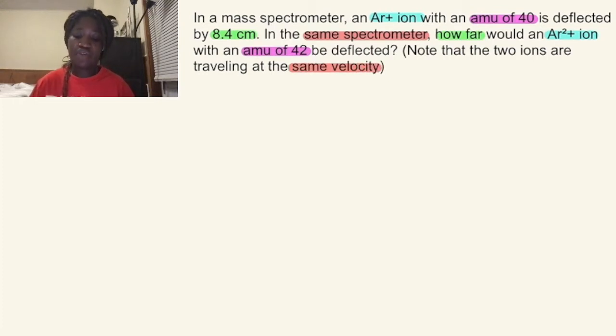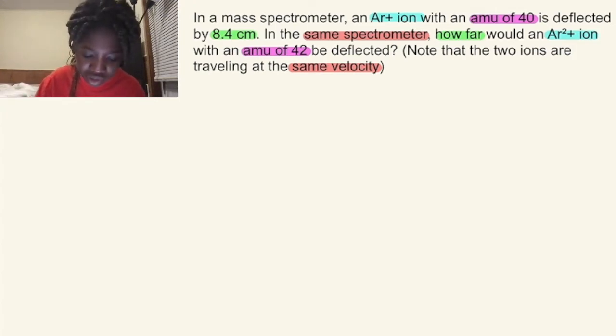Now we have two isotopes, their masses, and noting that we're using a spectrometer, so we know we're going to be using our deflection proportionality expression. So let's put down our proportionality setup and see what we have.